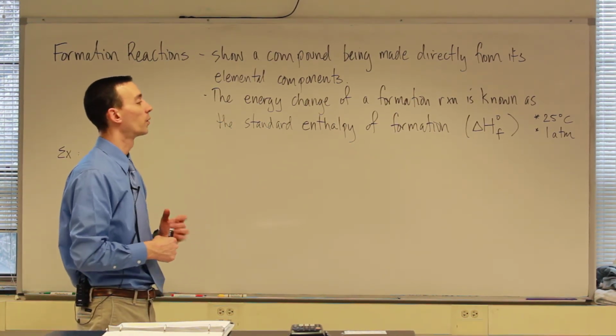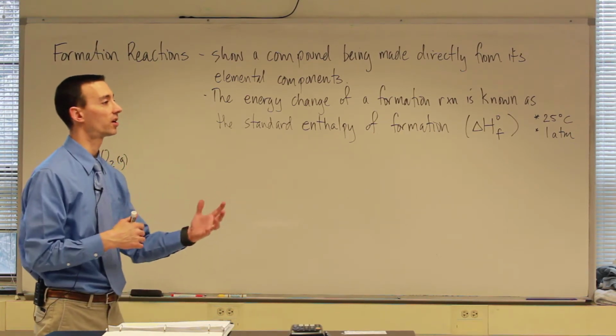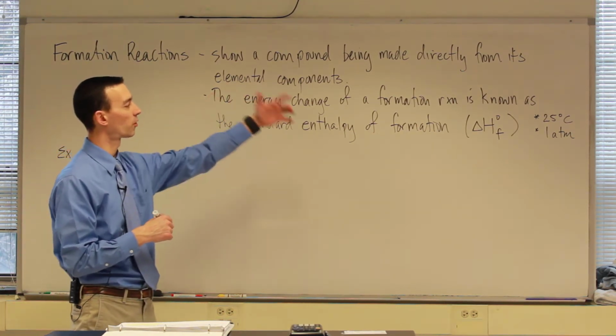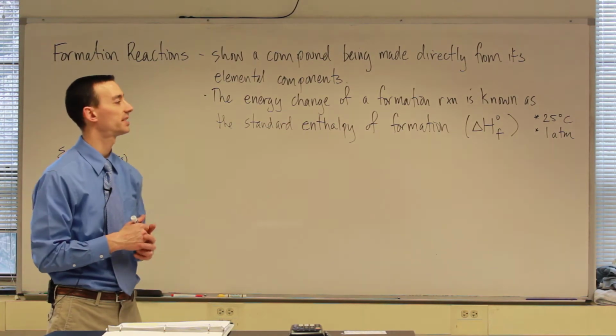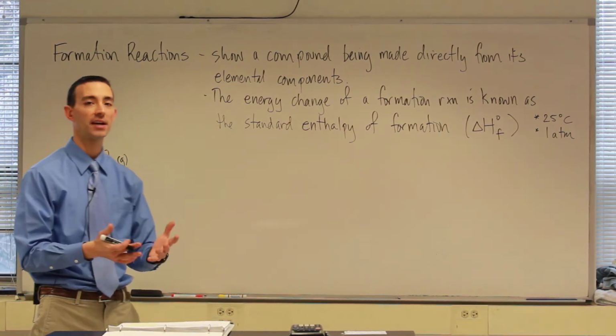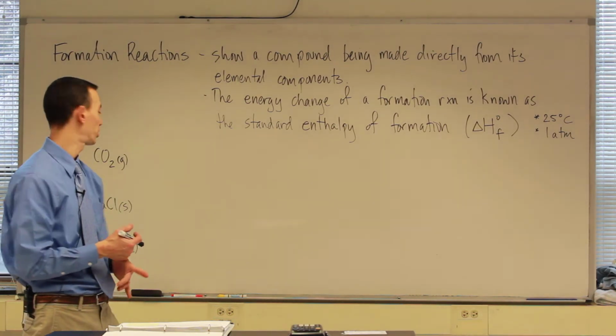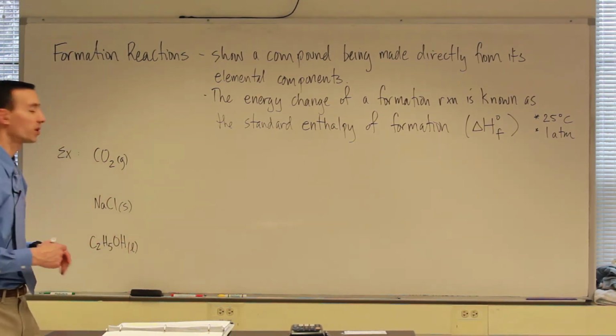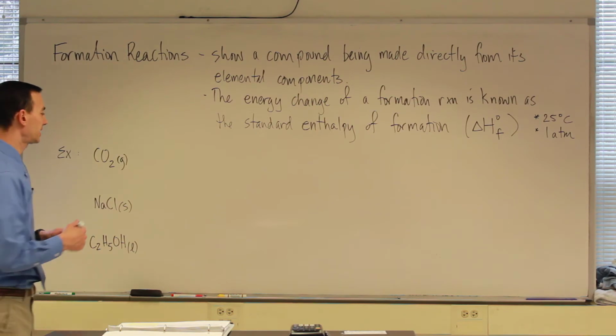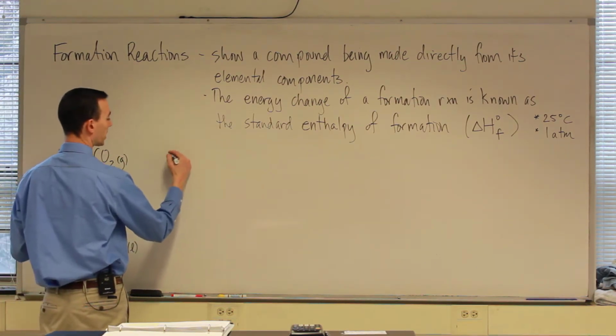All right? So when you propose a reaction occurring in this fashion, elements forming a compound at 25 degrees Celsius and 1 atmosphere, the energy change in that setting is called the standard enthalpy of formation. So let's look at a couple of compounds. Carbon dioxide. How would we make carbon dioxide?